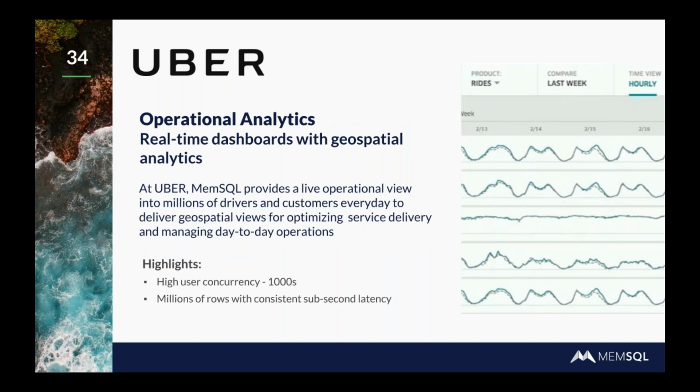Another great example is Uber. Uber uses us for essentially their back office or operational analytics programs. So they were looking for a platform that could give them very fast responsive queries of geospatial data.